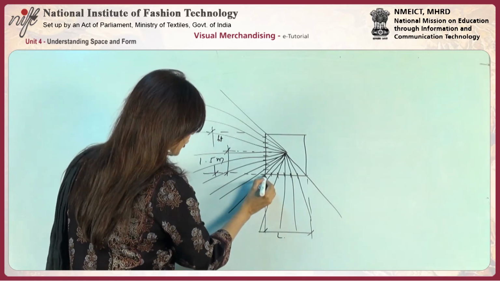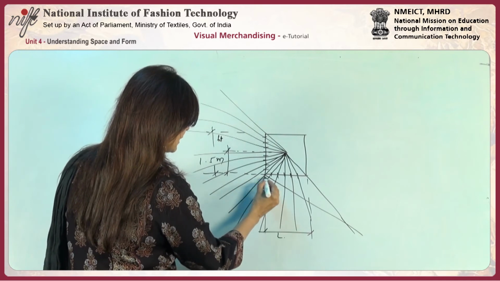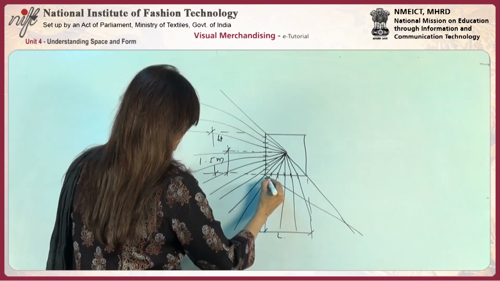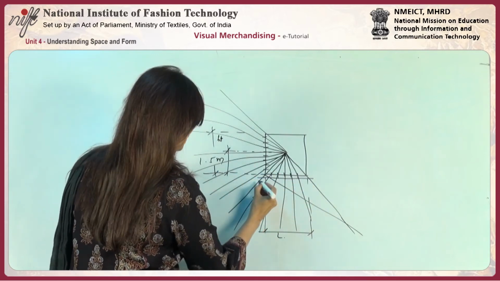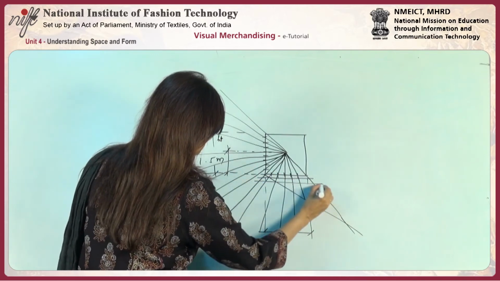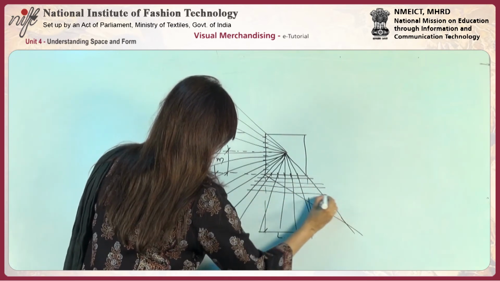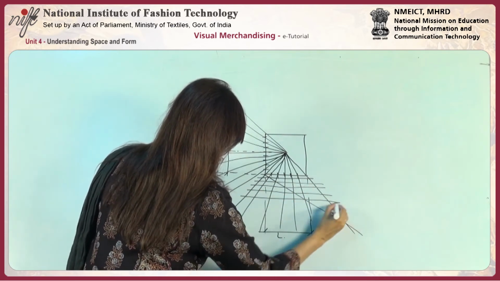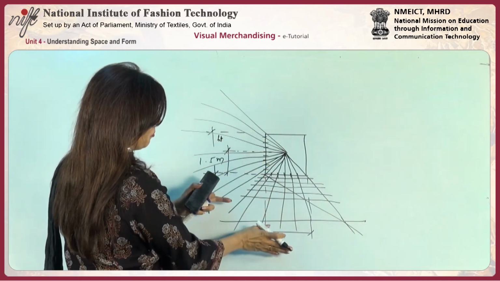Now draw a 45-degree line from here, and wherever it cuts these projected lines, draw a horizontal or a parallel line to your ground line. And as you can see, it's forming a perspective.